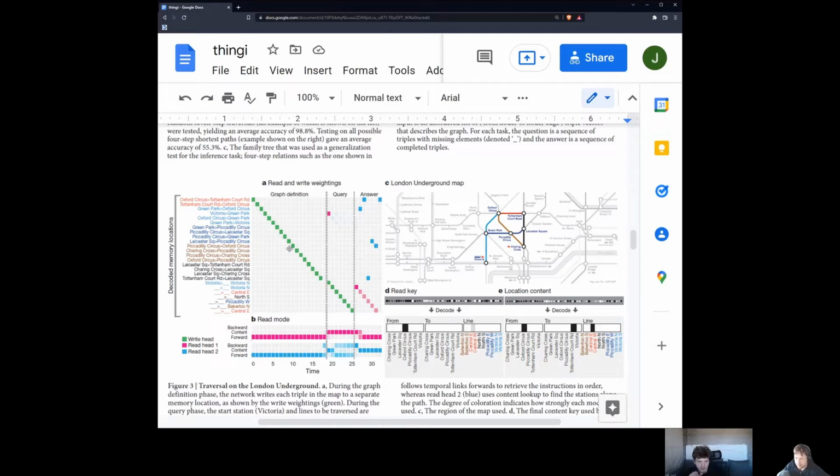So the bottom ones there are basically the colors, and that's what kind of line takes you from where.